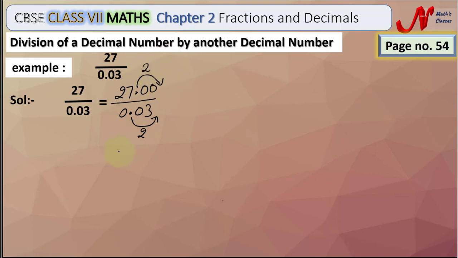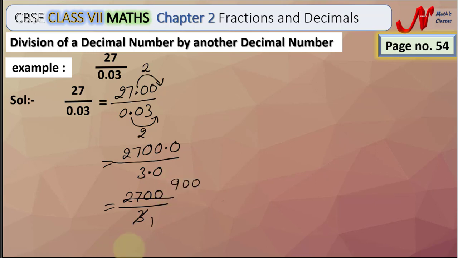So it can be written as 2700.0 divided by 3.0, which can be written as 2700 divided by 3. By cancelling: 3 ones are 3, 3 nines are 27, 0 0. So it is equal to 900. Therefore 27 divided by 0.03 is equal to 900.